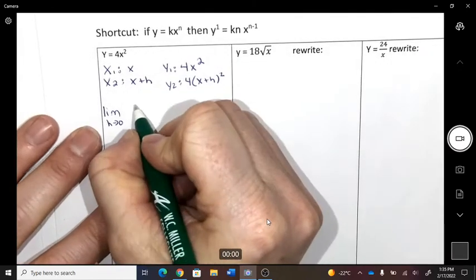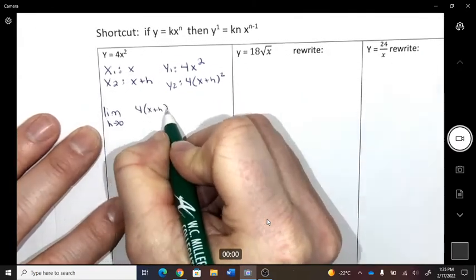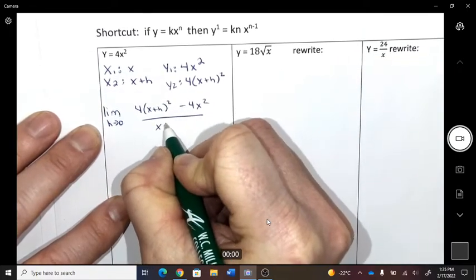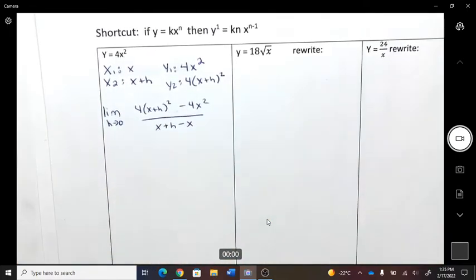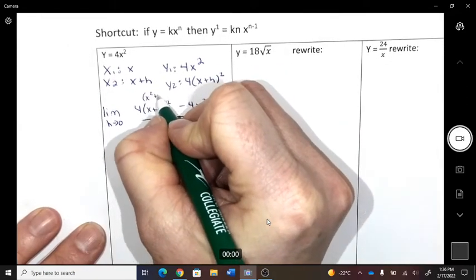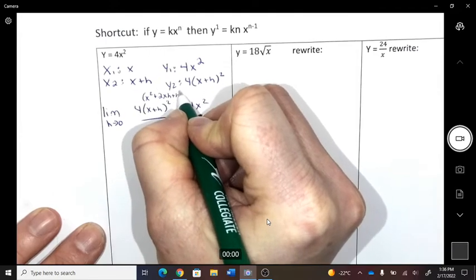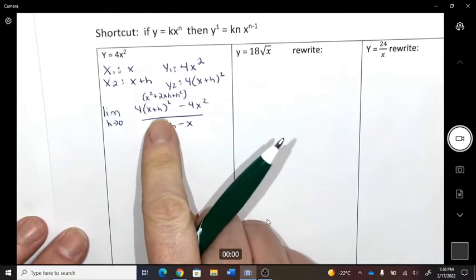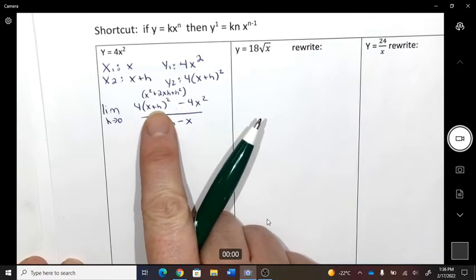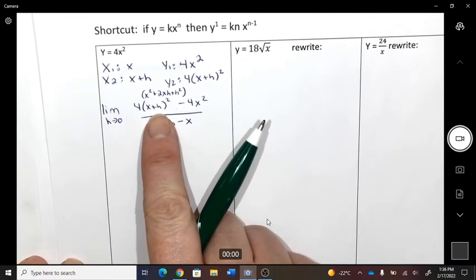So the slope is y2 minus y1 over x2 minus x1. Okay, here's me squaring that. Foiling, right? I foil it all.